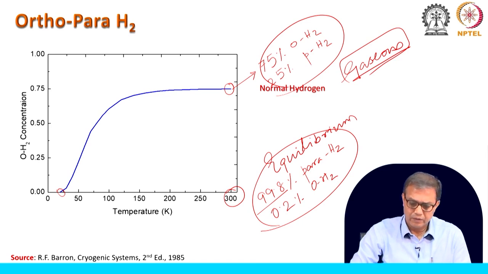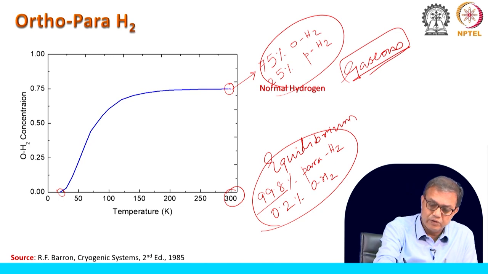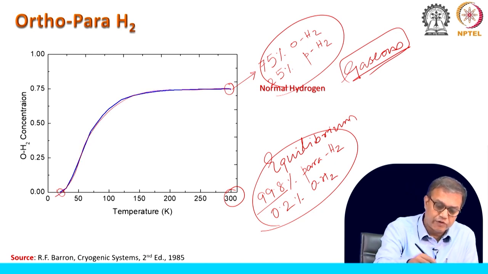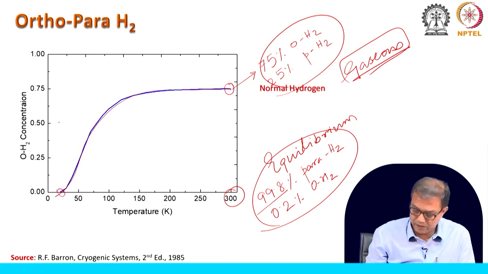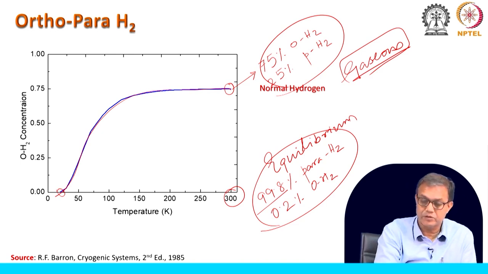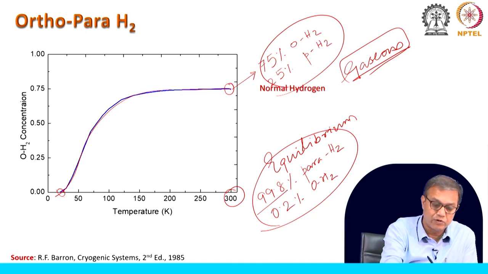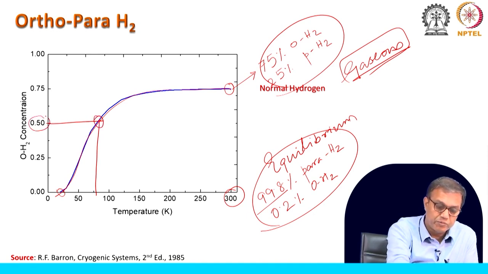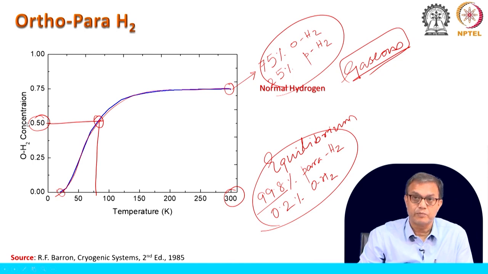This is how the concentration is going to vary. As the temperature of this gas is lowered, say at about 80 Kelvin, it is supposed to have 50% ortho and 50% para.